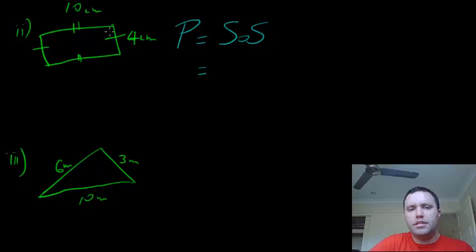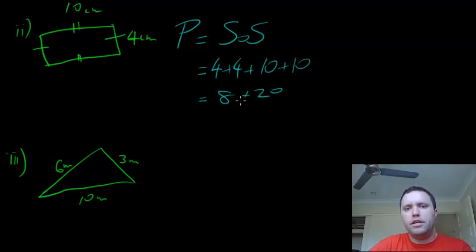Look at it and see what sort of geometric proofs they've been given so that you can know what length things are. Okay, so some of the sides, so we have 4 plus 4 plus 10 plus 10, 8 plus 20 equals 28 centimeters. Okay, so again, make sure your units are in there.